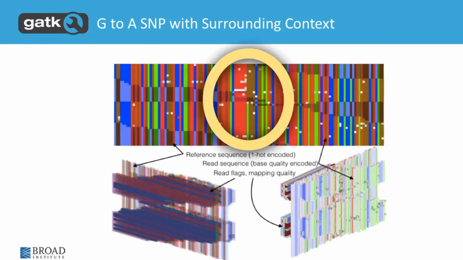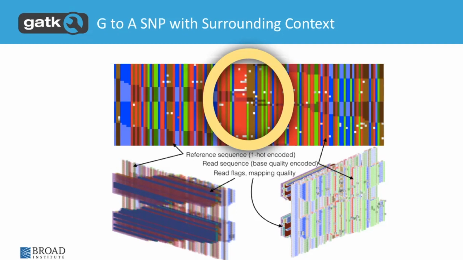And this is what the variant looks like in this representation. In the brighter colors we have reads, and in the more transparent colors behind we have the reference. This is a little SNP right here, a G to A SNP.